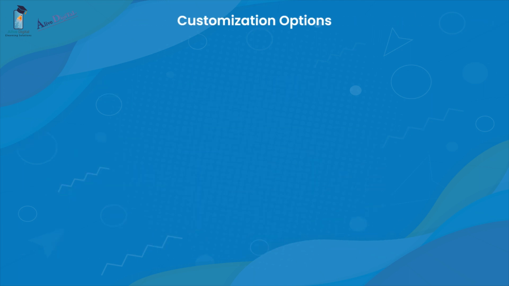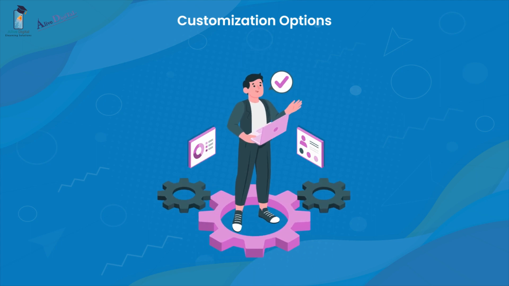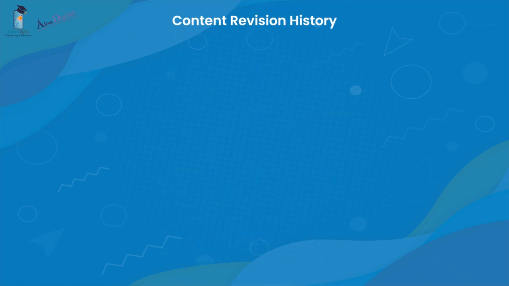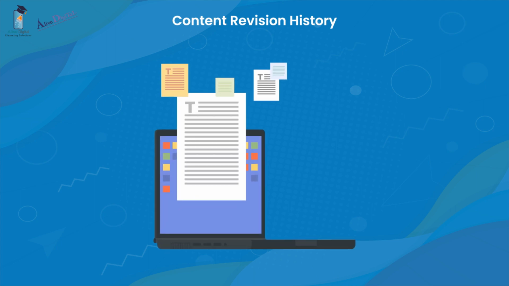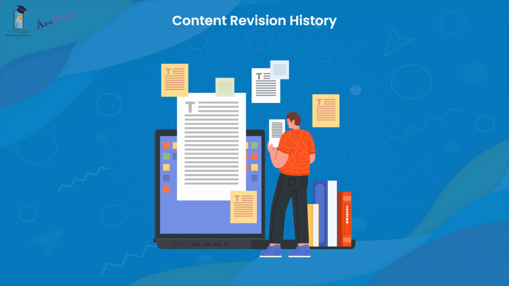Customization options. WordPress offers extensive customization options. Developers can work on the code and design to create a unique website tailored to specific needs. Content revision history. WordPress automatically saves revisions of your content, making it easy to revert to previous versions if you need.